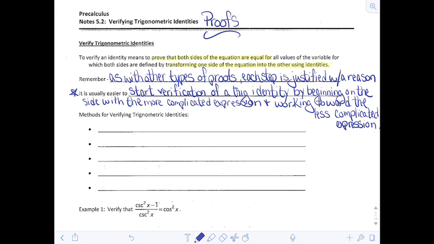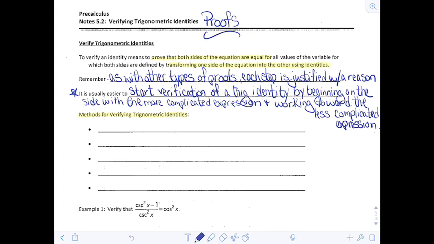Okay, so methods for verifying trig identities. These next few bullet points are going to be some hints to get you started, some things to be looking for, and as you start to practice these, you're going to recognize them and kind of learn the ropes, learn how to think through these.